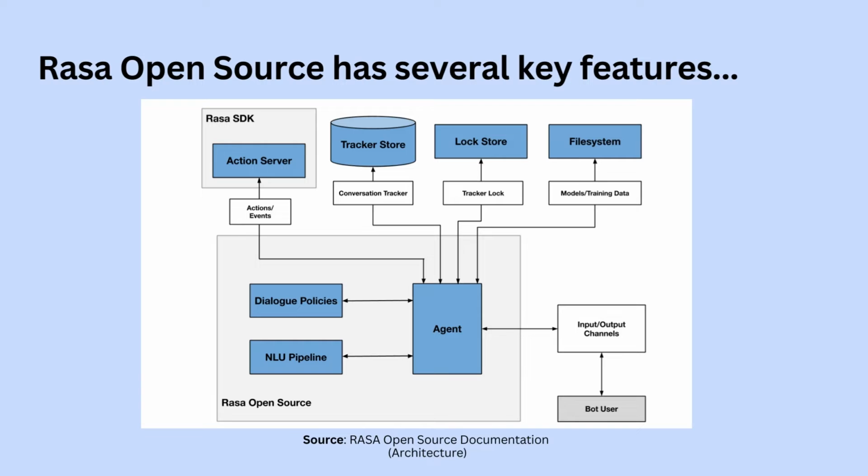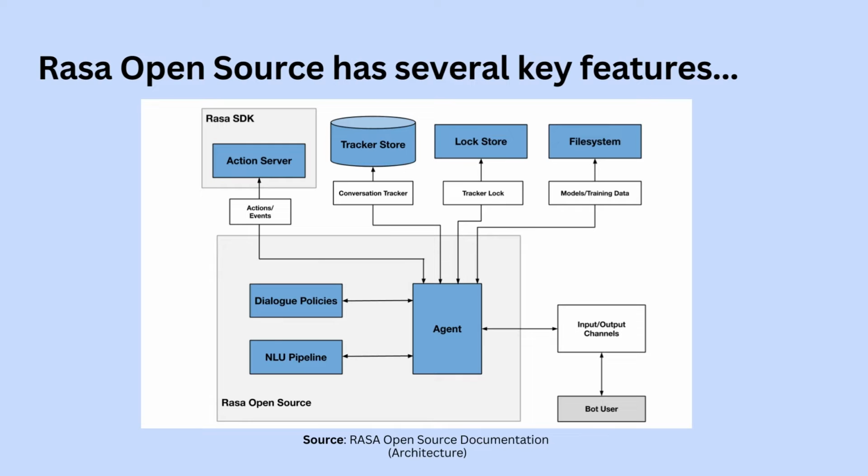Rasa Open Source has several key features. First, it includes a natural language understanding or NLU capability. Rasa NLU helps the platform to understand user messages and extract relevant information to determine user intents or entities, and more on that later.